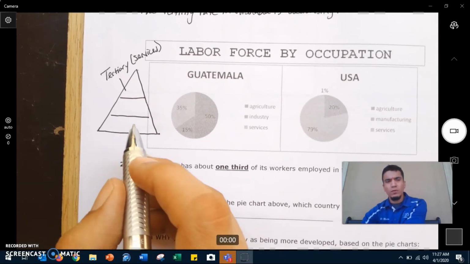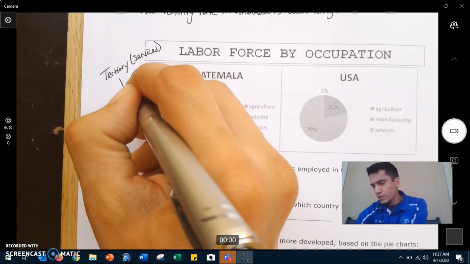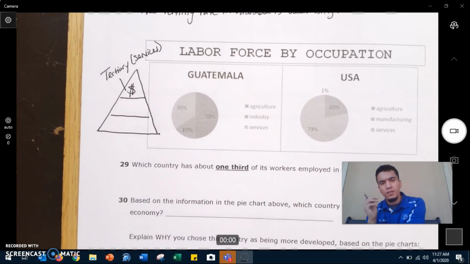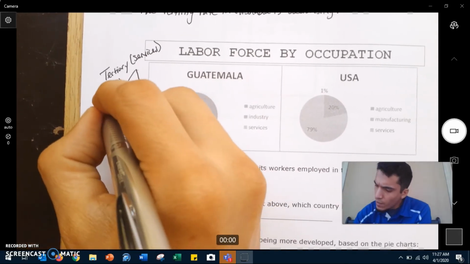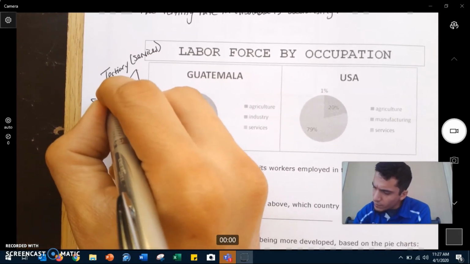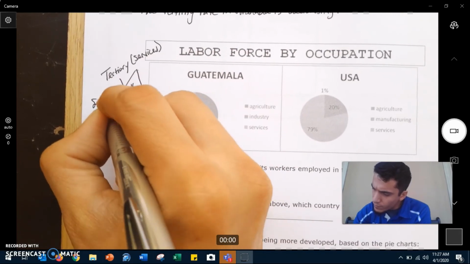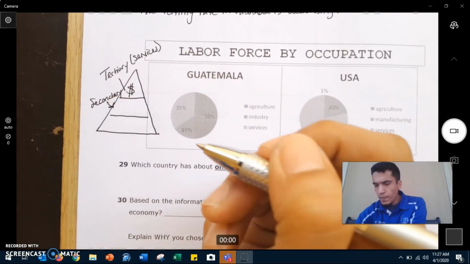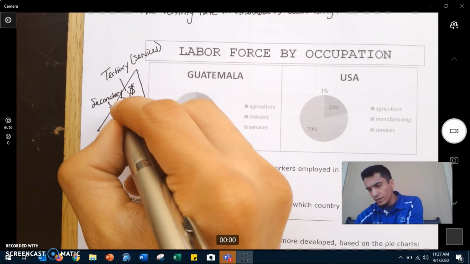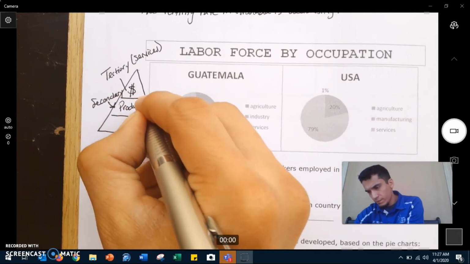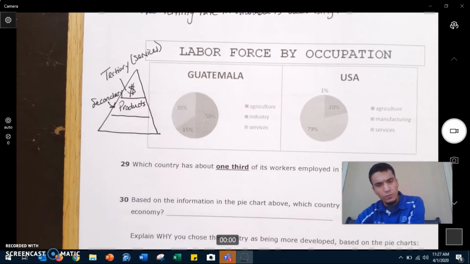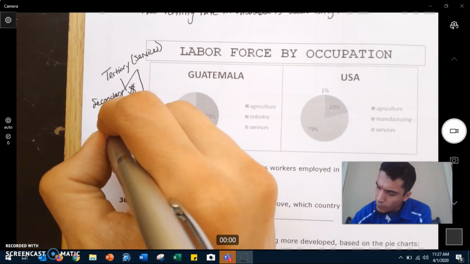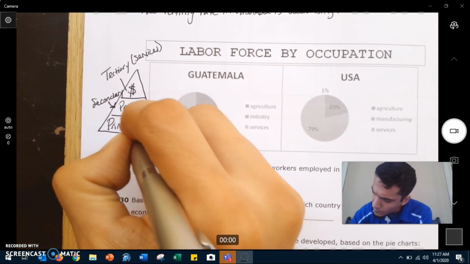This is where you want most of the people working because this is where you make most of the money, but it does require the most training. Then we have the secondary sector. This is where you make products, okay, with the raw materials you extract from the primary sector.